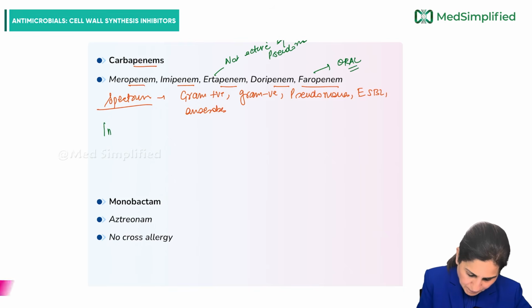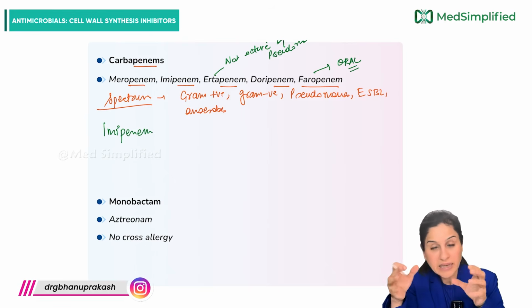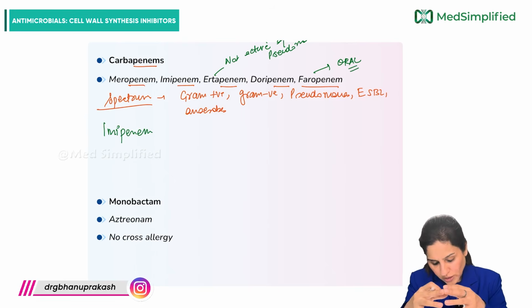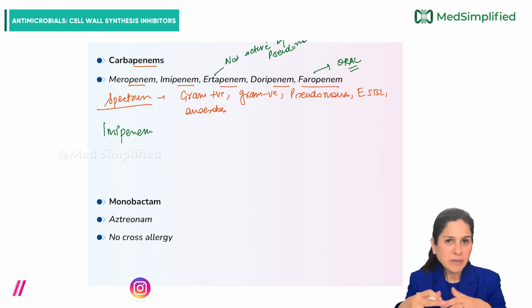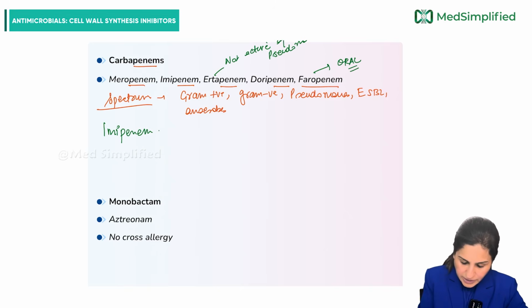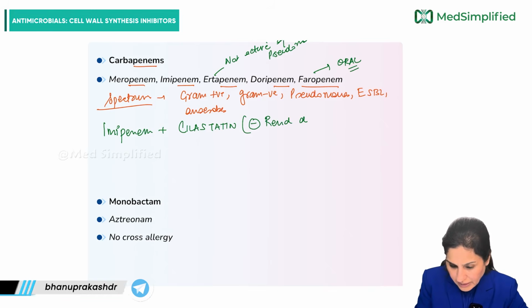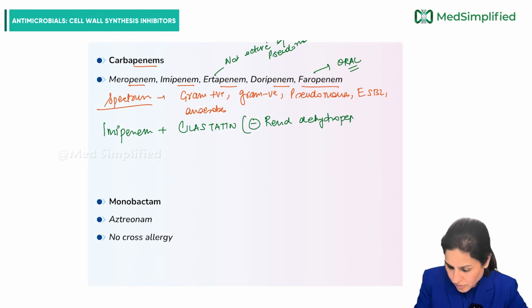Now, imipenem has a very short half-life because it gets degraded by dehydropeptidase. If you give imipenem as such, it will be immediately degraded and have a short half-life. So, what do we give? We give it along with a drug called cilastatin, which is an inhibitor of renal dehydropeptidase.